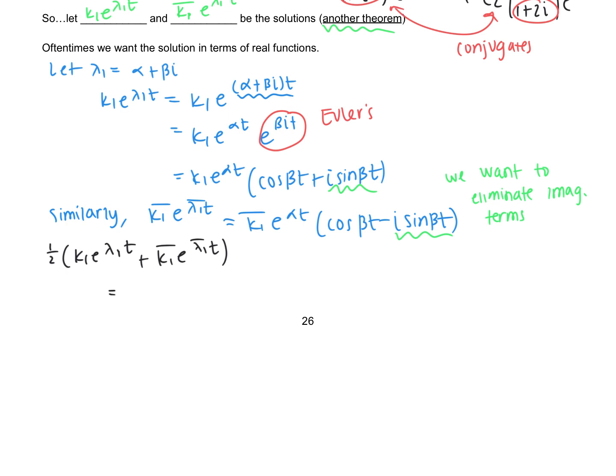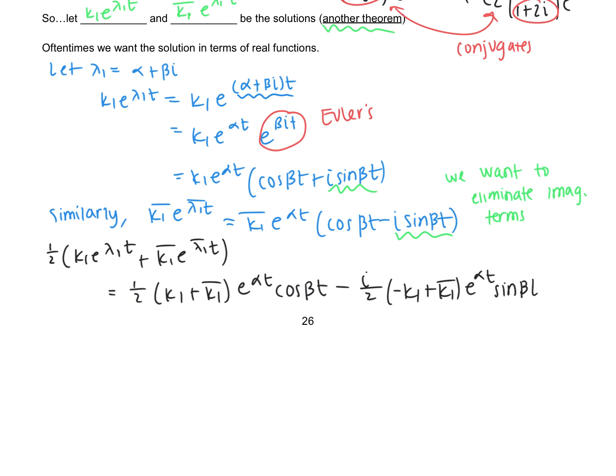Where that gets us is 1/2 of k1 add its conjugate, e to the alpha t times cosine of beta t. And then we would have negative i over 2 of negative k1 add k1 conjugate, e to the alpha t sine of beta t. Okay, and you're probably like, where did I get that from? Well, I took this, added this with the 1/2.